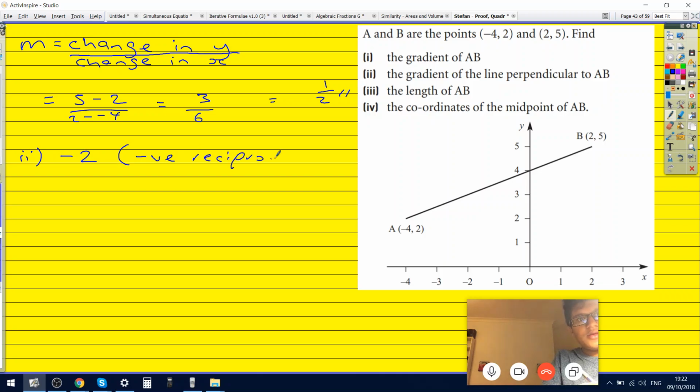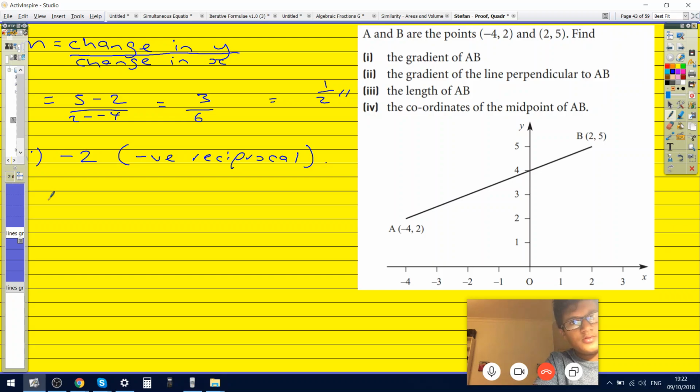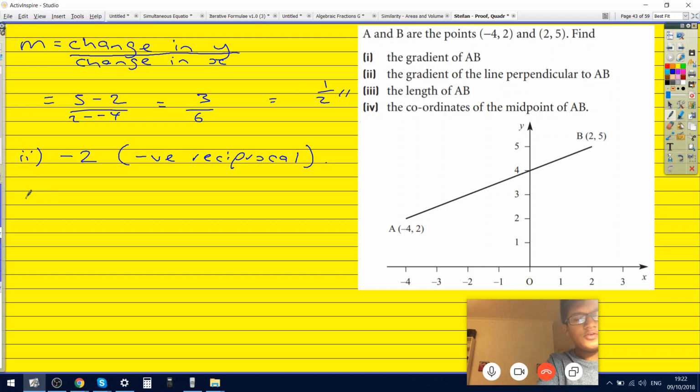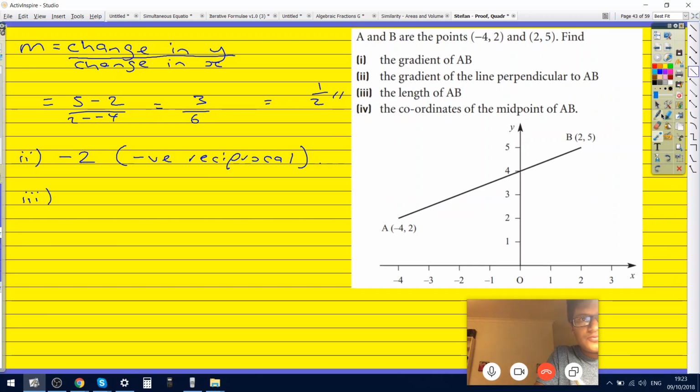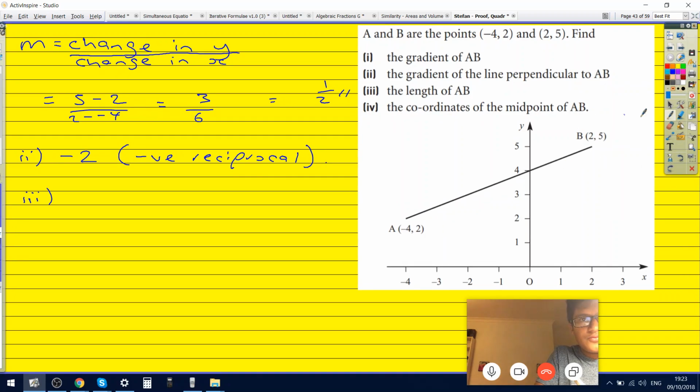Length of AB. So you could use this as a kind of Pythagoras theorem. Yeah. So if I make a right-angled triangle, that change in y would be 3.